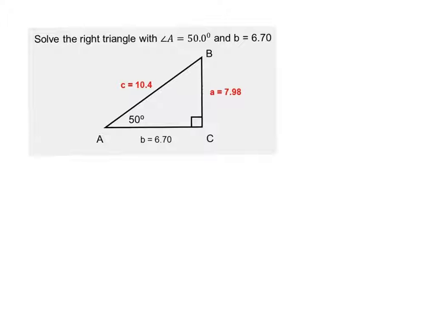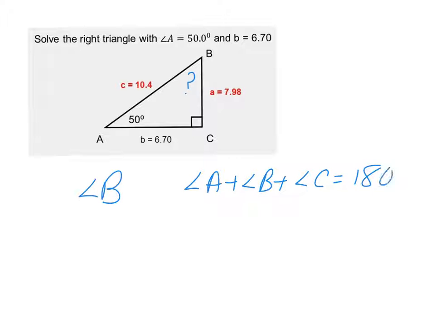In step number 3, I'm going to go ahead and solve for my missing angle, which is right here. I've already solved for all my sides of my right triangle. So to solve for angle B, I know that based on the angles of a triangle, they have to add up to be 180 degrees. So angle A plus angle B plus angle C equals 180 degrees.